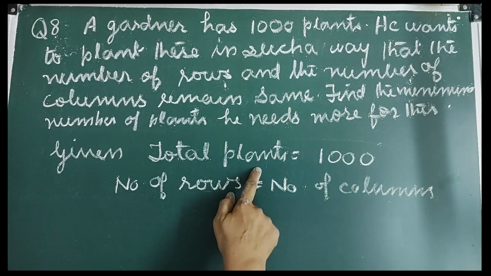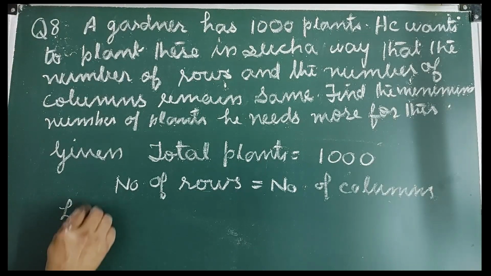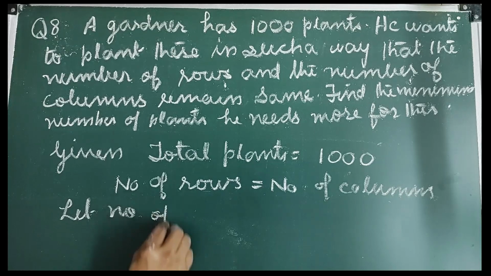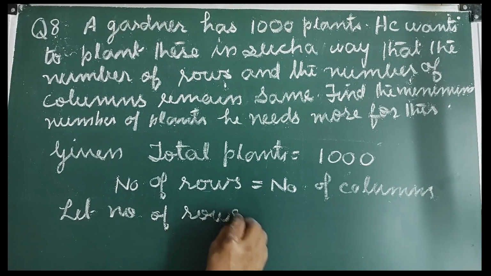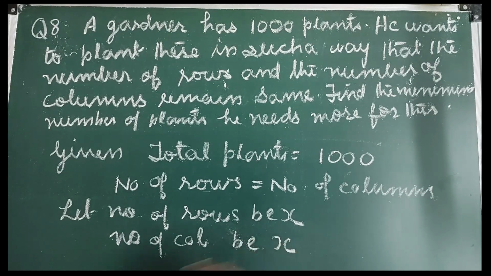Now, in the given question, total number of plants equals 1,000. And it is also given that the number of rows equals the number of columns. Let the number of rows be x and the number of columns be x.